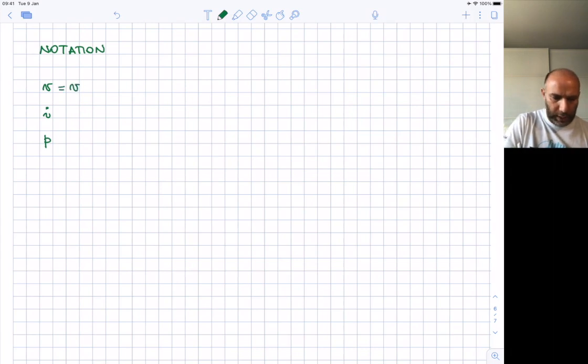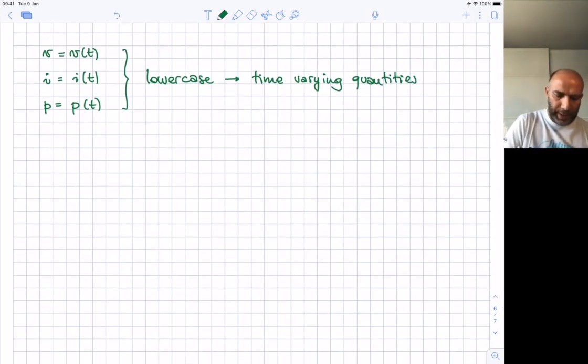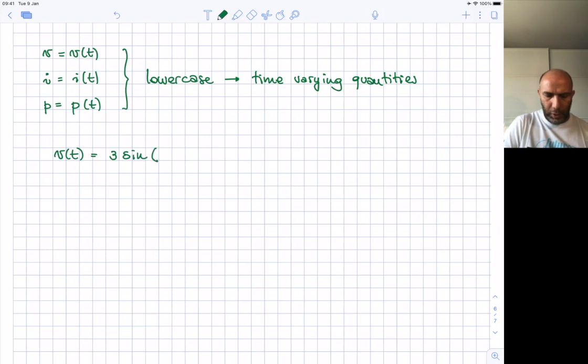So v is actually v of t, i is i of t, p is p of t. So, for example, we can say that v of t is 3 sine of 4t volts.